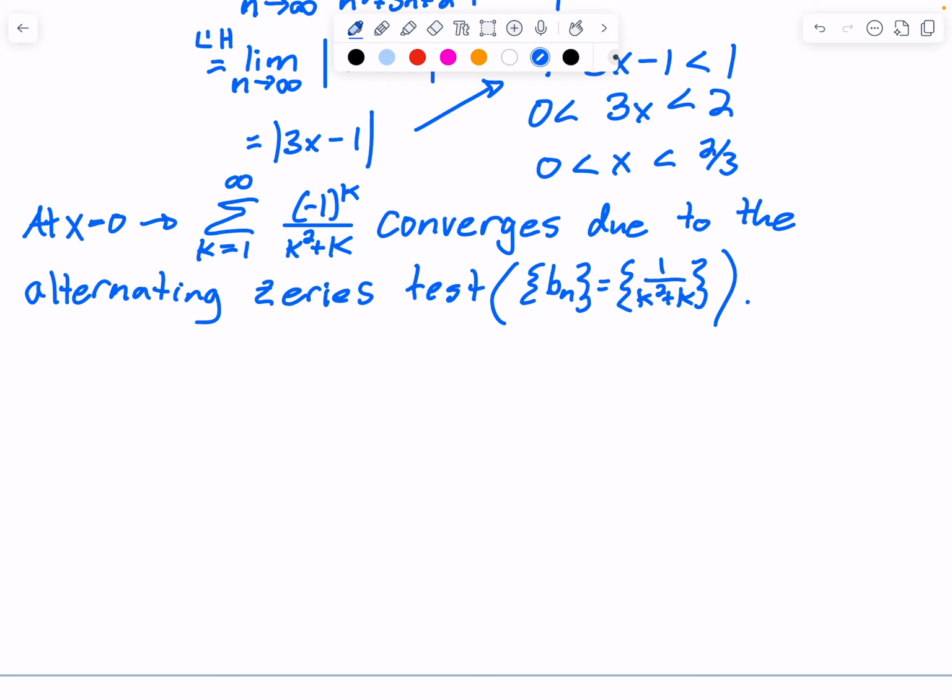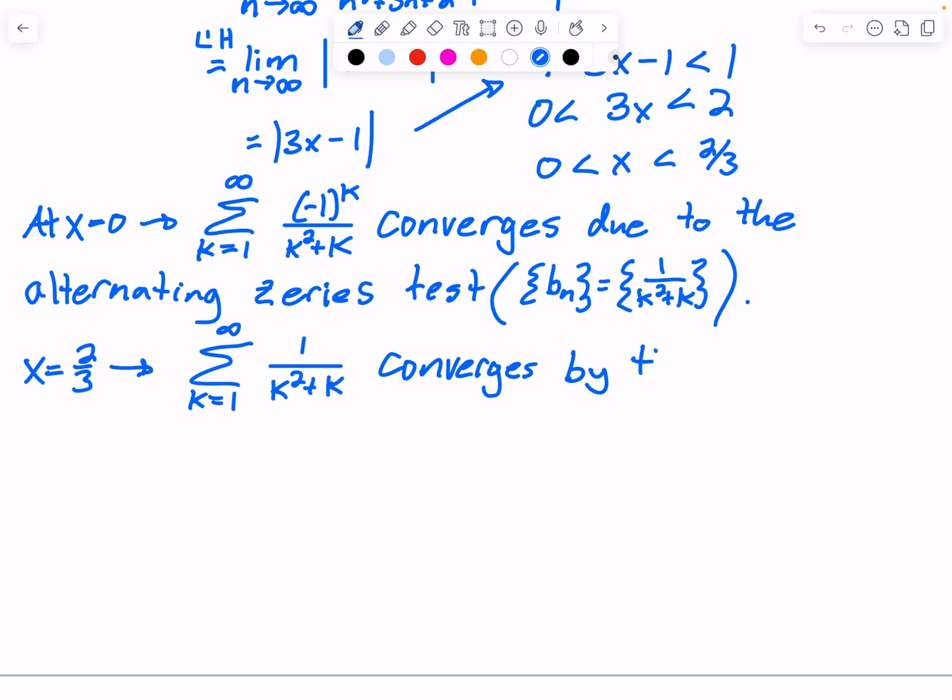And then we have x equals 2/3. That's going to get me a series from k equals 1 to infinity. If I plug that in, things work out real nice, and I get 1 over k squared plus k. This thing converges by the comparison test. I know we didn't really talk about that, but we can think about it real quick.